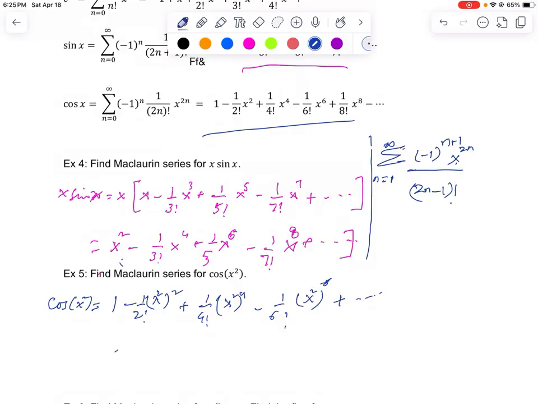So this gives us 1 minus 1 over 2 factorial x to the 4, plus 1 over 4 factorial x to the 8, minus 1 over 6 factorial x raised to the power 12, and then plus dot dot.